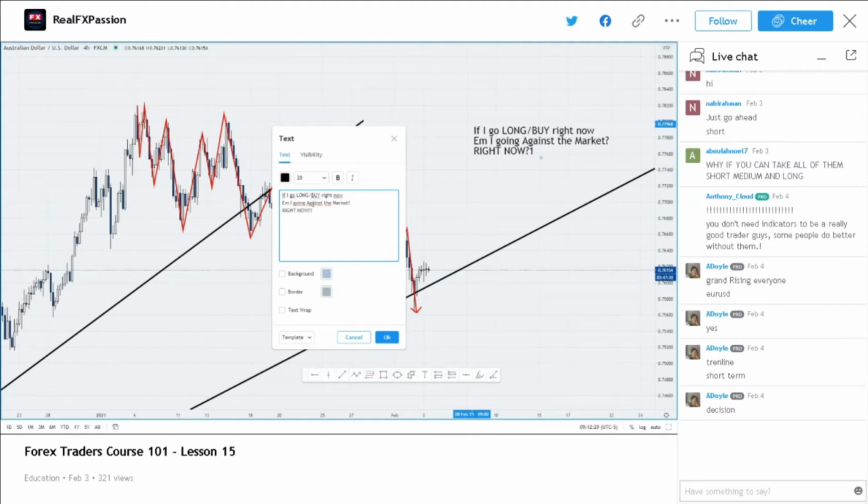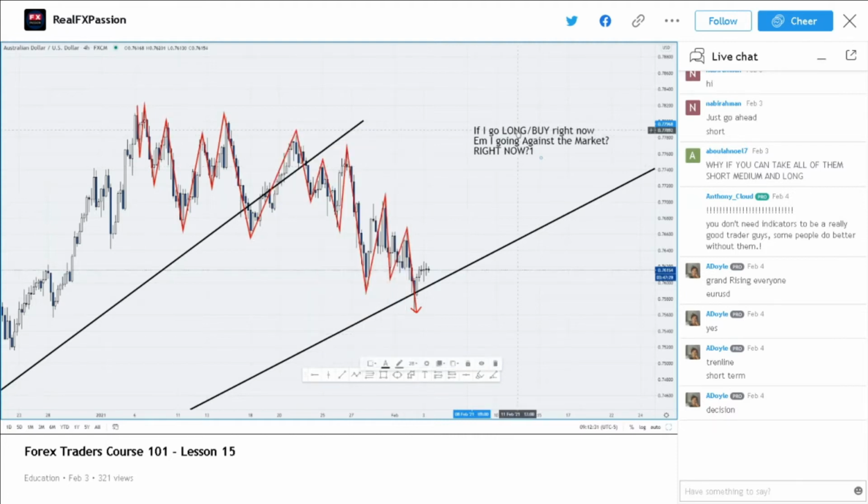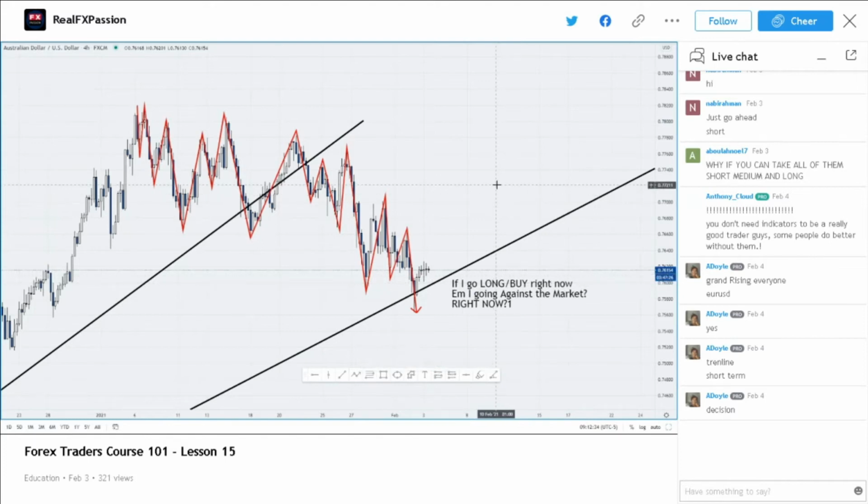Not tomorrow, not in 2 hours, right now, everybody. What is the answer? If I buy the market right now, am I going against the market? Yes or no? Beginner traders question. If I buy right now, am I going against the market?